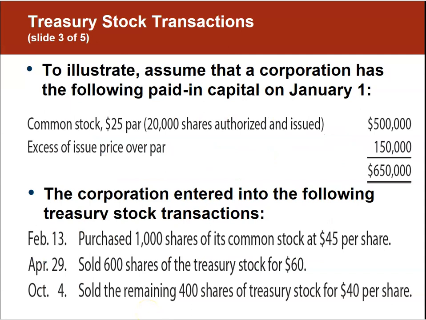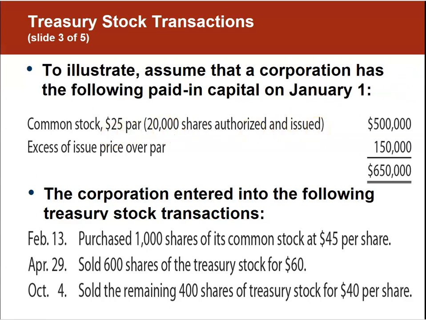So here we have a little bit of an illustration. It says, assume that a corporation has the following paid-in capital on January 1. Common stock, $25 par, 20,000 shares authorized and issued.